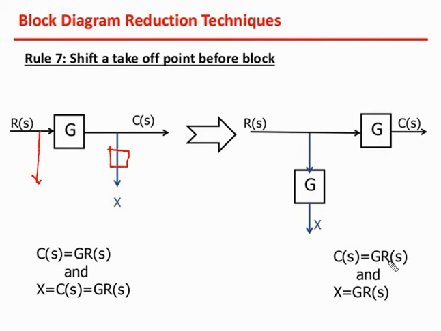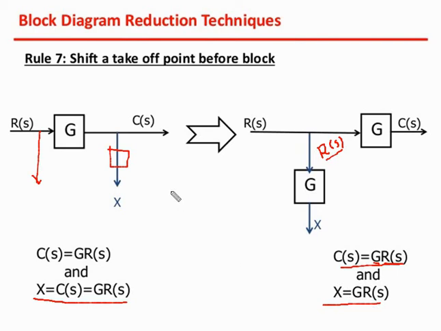So CS equal to the input RS into gain G, and X is the gain into the input, so X equal to G into RS. So X equal to CS equal to GRS. Here CS equal to GRS and X is equal to GRS.